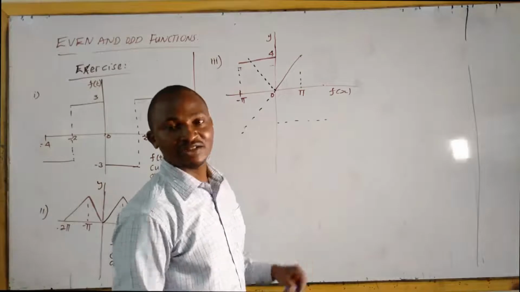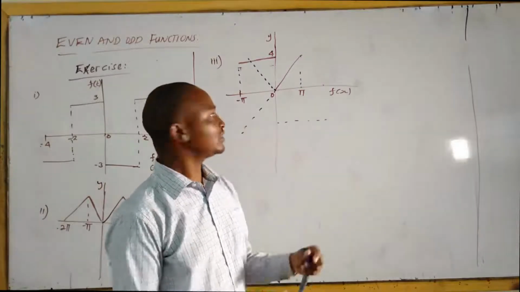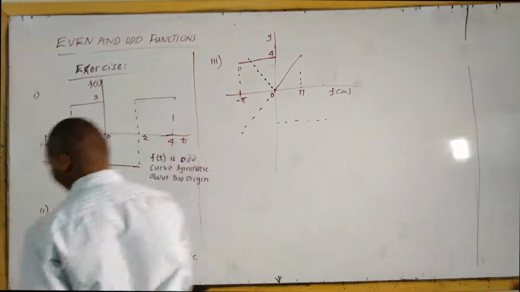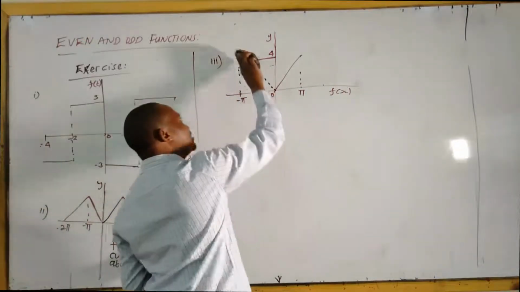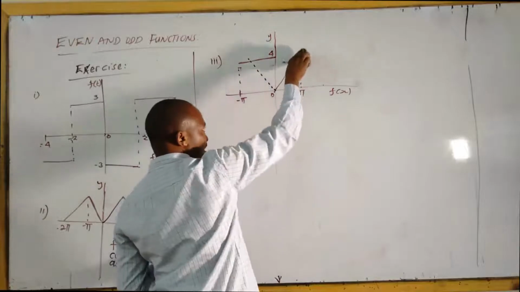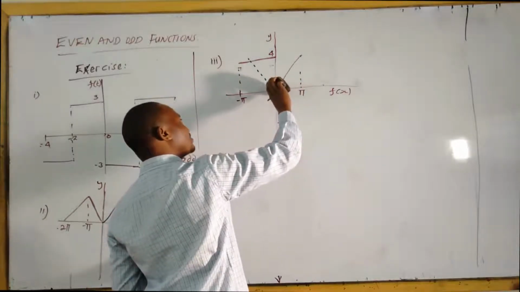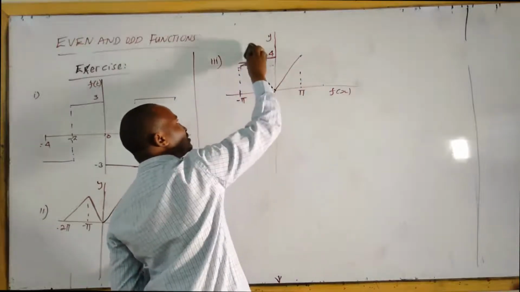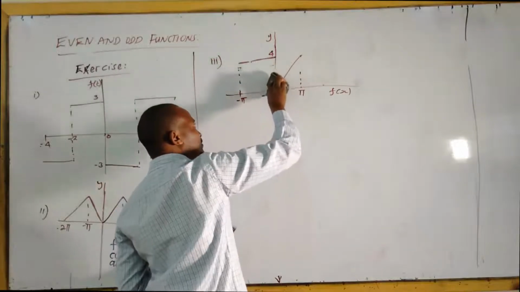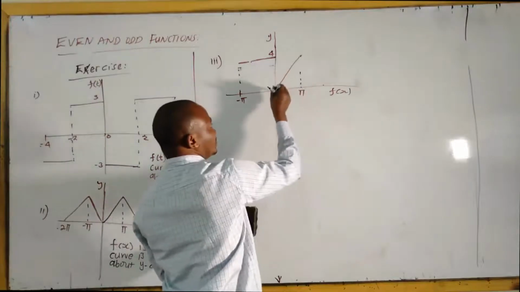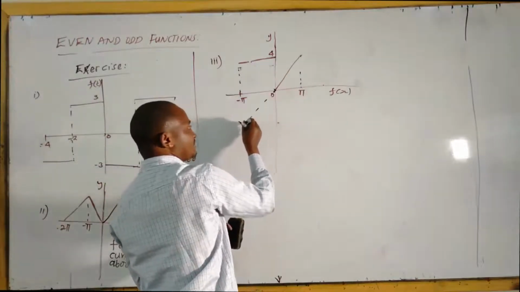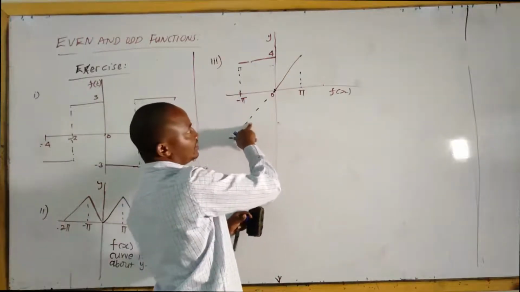So we can say again it's not odd. It's not even, it's not odd. If it was even, it would be passing through this. This line should have a reflection around here. So it is not even. If it was odd, this line should have its image being reflected here.